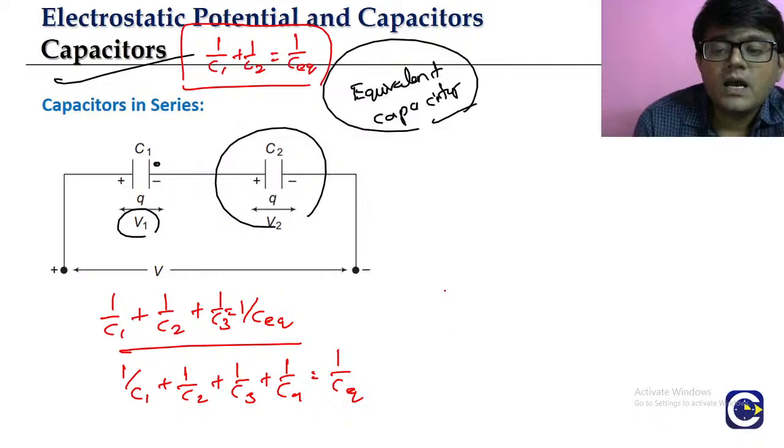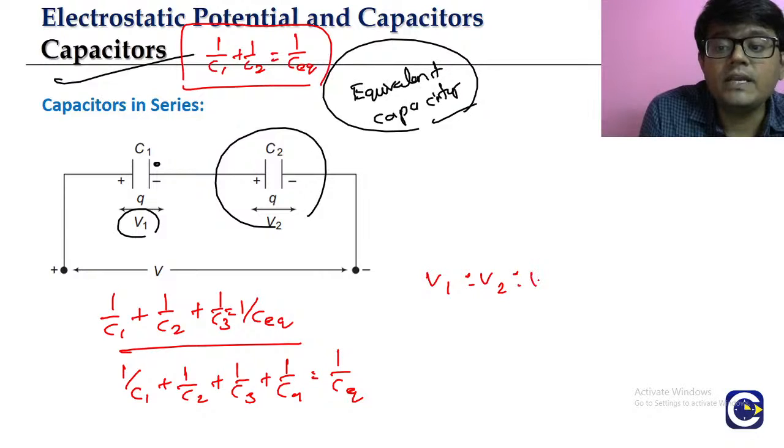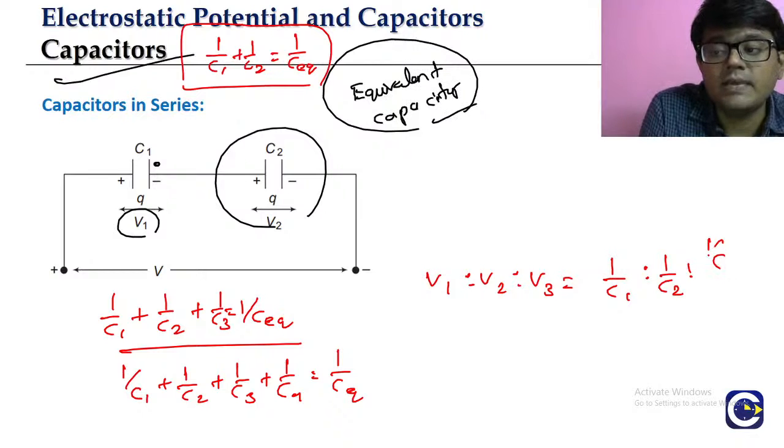Okay. Next, what else did we discuss? The potential difference across each of the capacitors. In the series combination, the charge on all the capacitors will be the same, but the potential difference across them will be different. For that, the relation comes. V1 is to V2 is to V3 will be equal to what? 1 by C1 is to 1 by C2 is to 1 by C3.